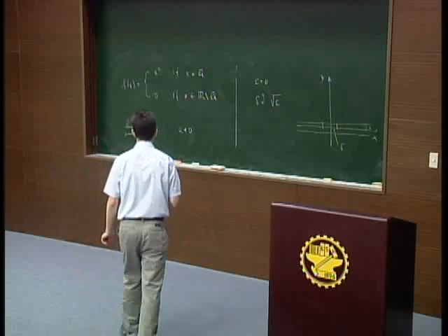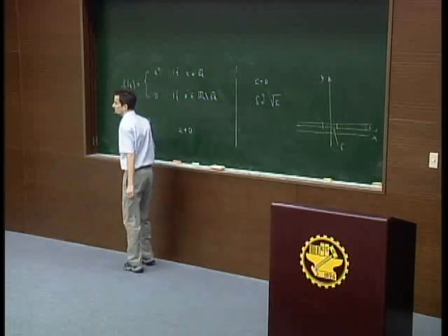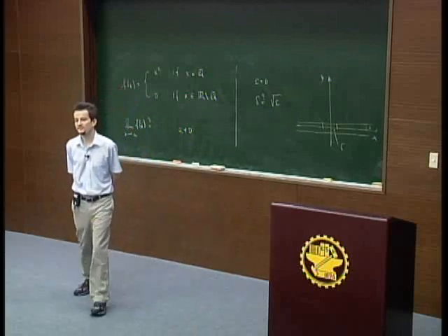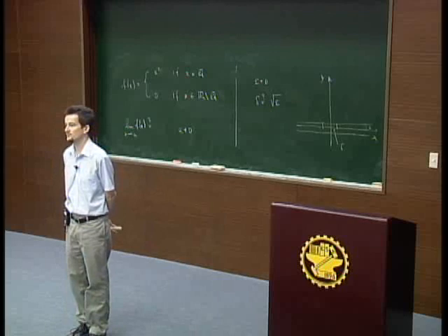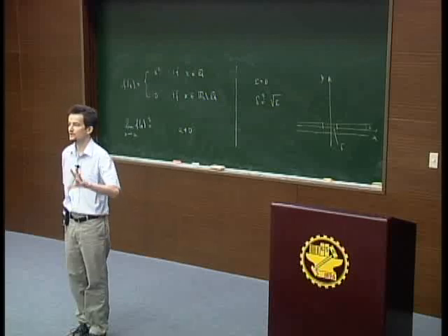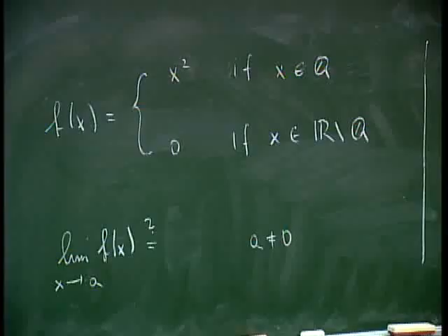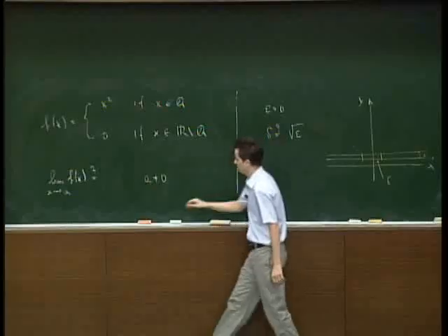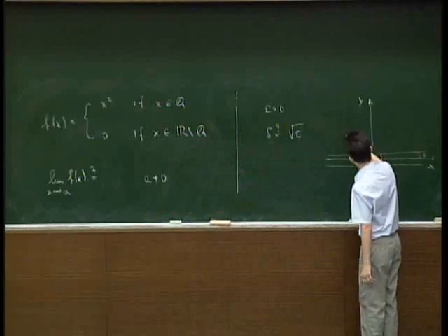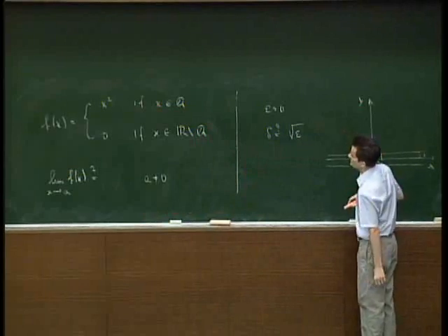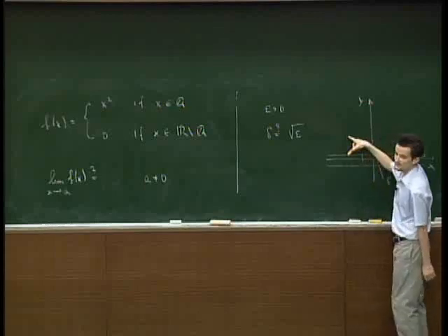Right, it doesn't exist. Actually, this is the same situation as one of the examples you had to prepare for this homework, namely the example where you are 1 at the rationals and 0 at the irrationals, or the other way around. Roughly, the reason is, if this here is a rational number, the function value is this here.